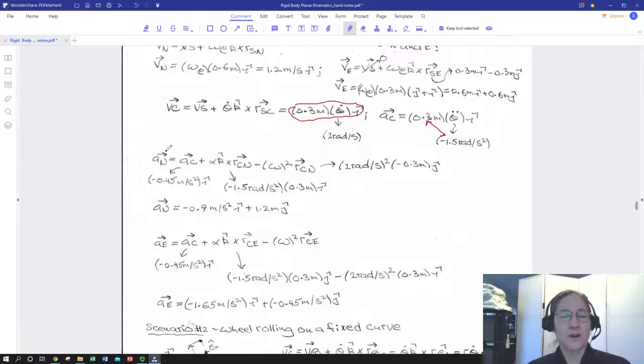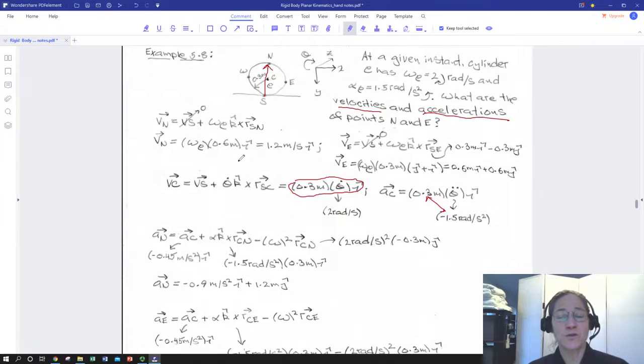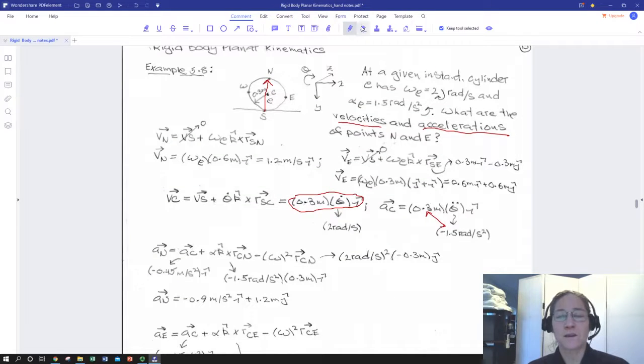So let's use our expression that relates the acceleration of any 2 points on a rigid body to get the acceleration up here at the north point. So we're going to have the acceleration at a point that we know, which we just calculated at the center point. We've got alpha, and we've got a radius from the center point to N. So let me erase our previous one here. From the center point to N, we're in that negative j-hat direction.